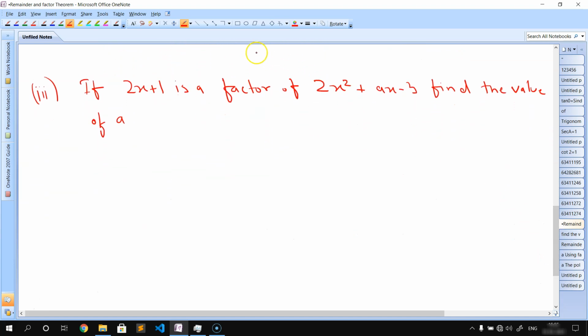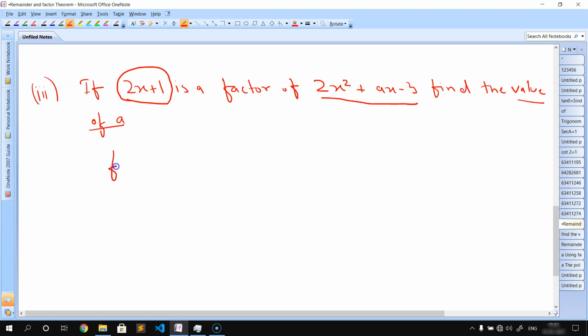In the next question it is given that 2x plus 1 is a factor, it is telling us that this is already a factor of this equation, then find the value of a.